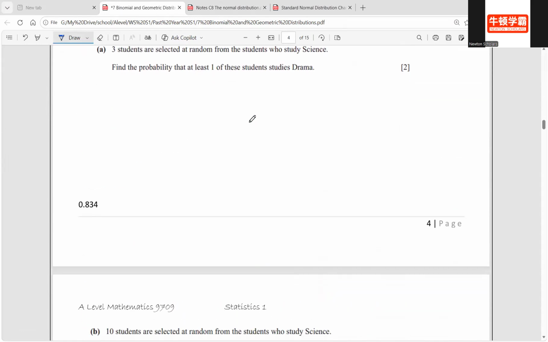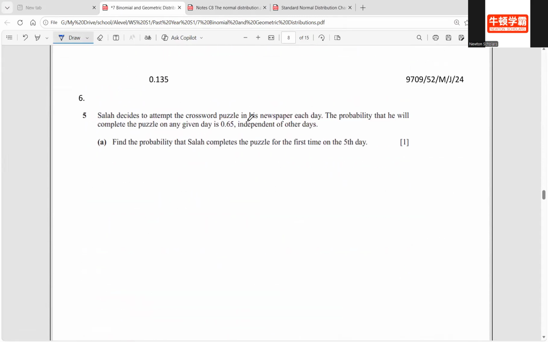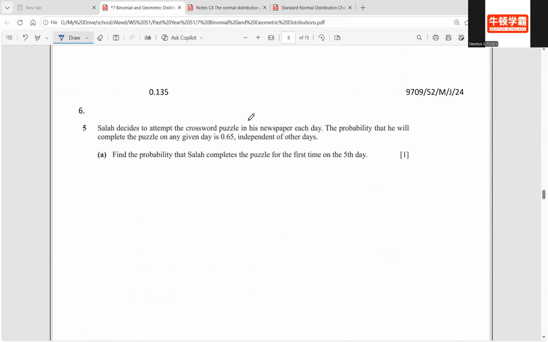Last week we stopped at question 5, so we will go for question 6, last year's binomial question.